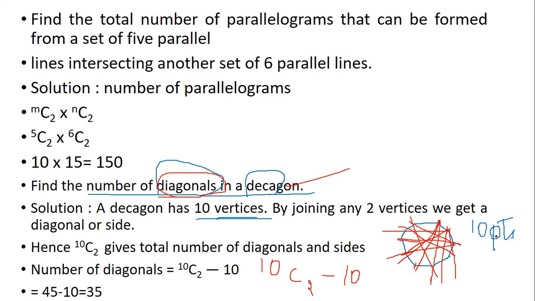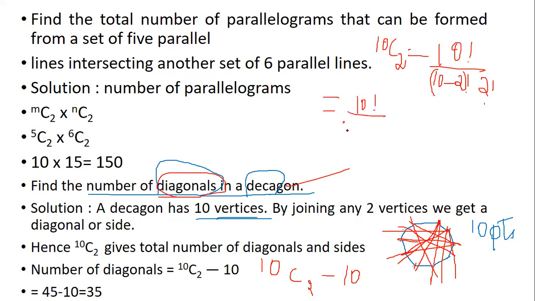10C2 minus 10. Now let us solve what is 10C2. So 10C2 is nothing but 10 factorial divided by 10 minus 2 whole factorial into 2 factorial. So 10 factorial can be written as 10 into 9 into 8 factorial divided by 8 factorial into 2 factorial.